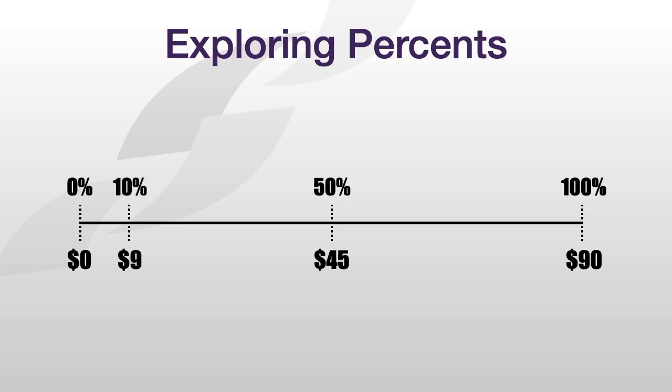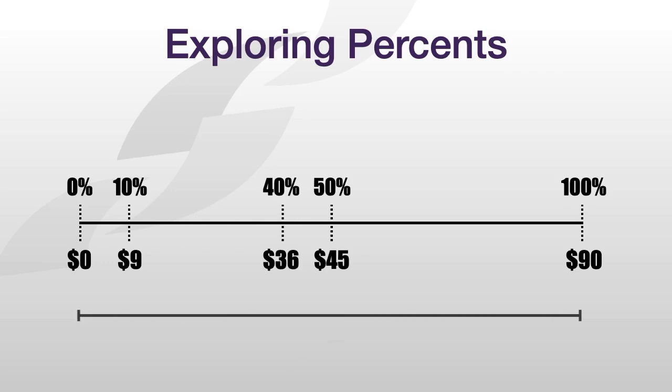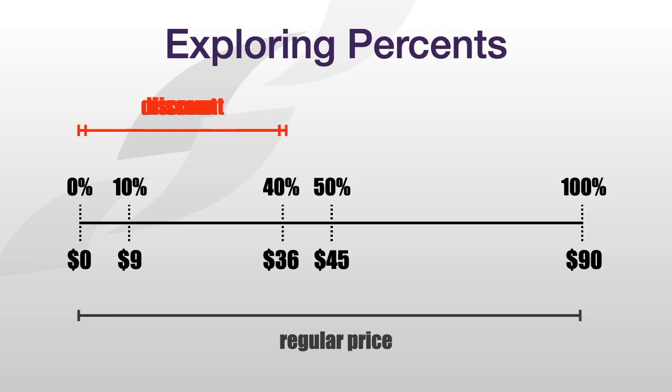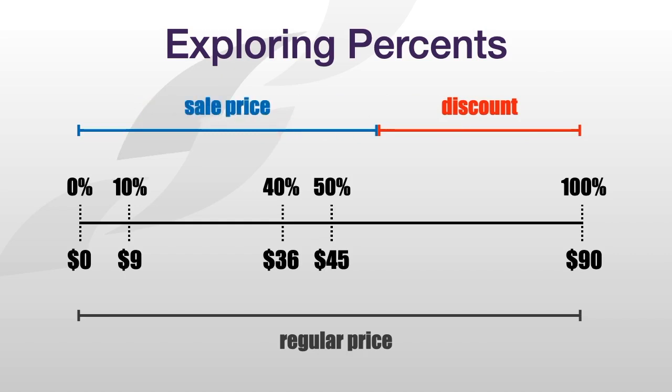Subtracting 10% from 50% gives 40%. $45 minus $9 is $36. So far, we know that the regular price is $90 and the discount is $36. Subtracting the discount from the regular price gives the sale price. The sale price is $54.